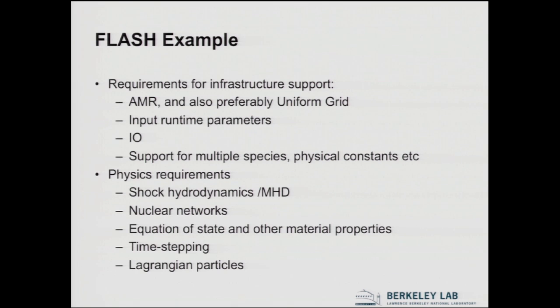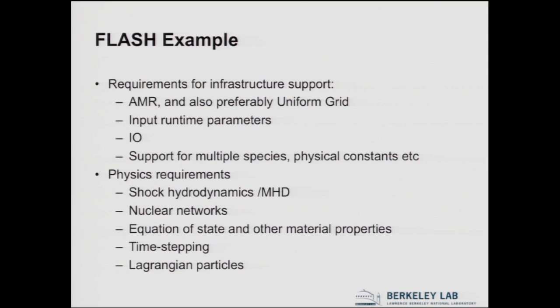The physics needed for even the base calculations that Flash does, the type of physics the code was designed for, is shock hydrodynamics for sure, which is compressible gas dynamics, or magnetohydrodynamics. We needed nuclear networks because we are looking at nucleosynthetic yield, equations of state, and not just simple equations of state, but a variety of equations of state depending upon the kind of application you're working with.